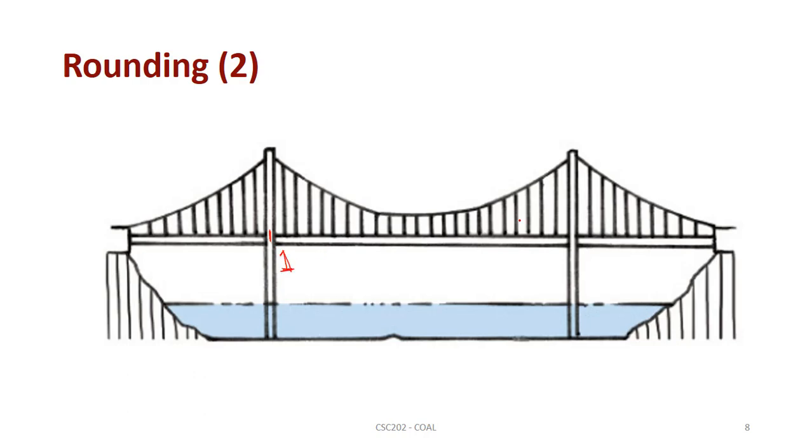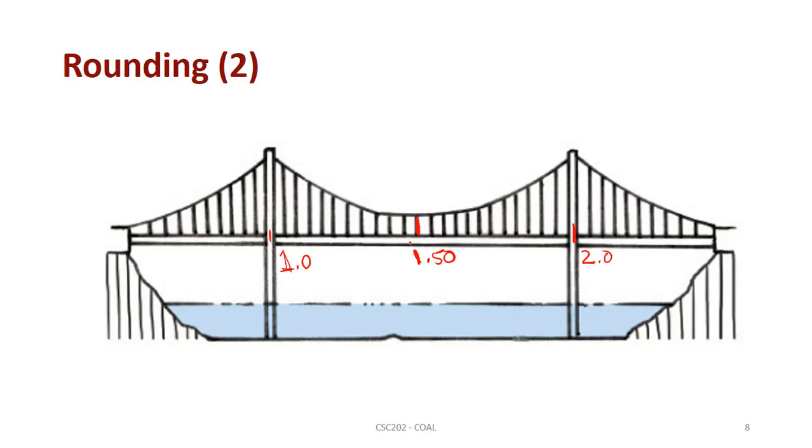The second pillar corresponds to 2, and this bar corresponds to 1.5. This is 1.0, this is 2.0, and this is 1.5.